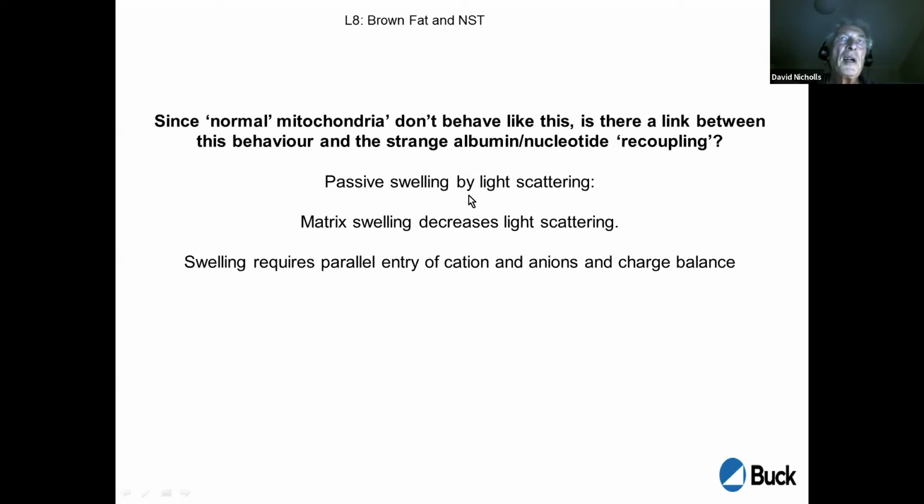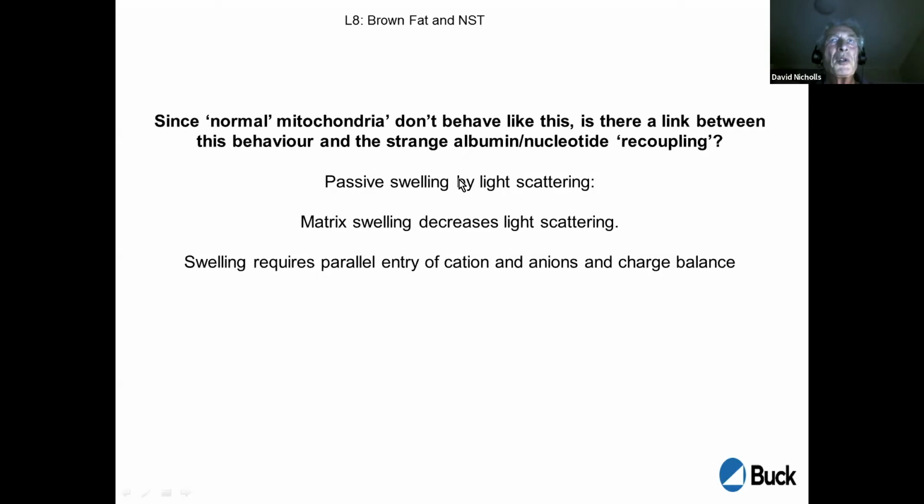A very simple way of measuring ion permeability is to look at the passive swelling of the mitochondria in isotonic KCl, for example. If you add valinomycin to make the potassium permeable, you're then limited by the chloride permeability.